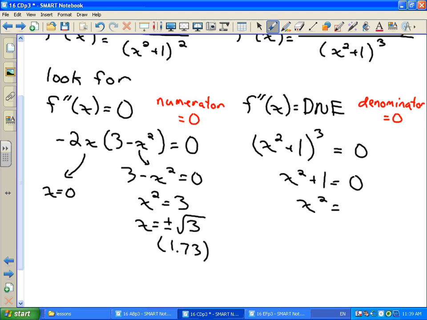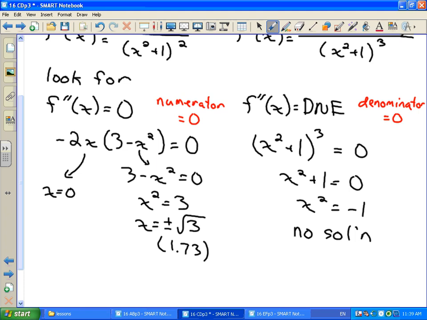Bring the 1 over to the other side. x squared equals negative 1. And can we solve this thing? Shaking our heads. Why not? Yeah, it'll be an imaginary number, and we're always working with real numbers in this course. Okay, so for us, we can just say no solution.